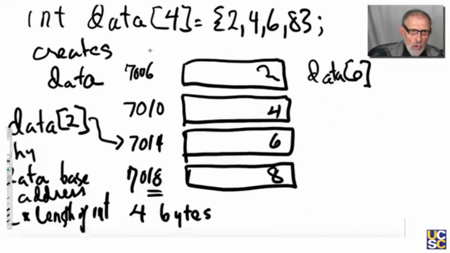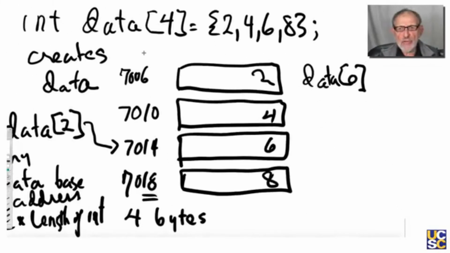Now when we go over to an array as opposed to a simple variable, let's say we have the array data of 4, it's integer again, and we're going to store, remember we just talked about how we can initialize it. So this represents, instead of a single variable, 4 integer variables.